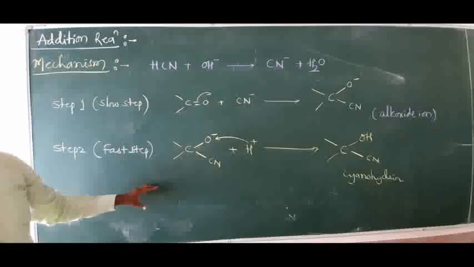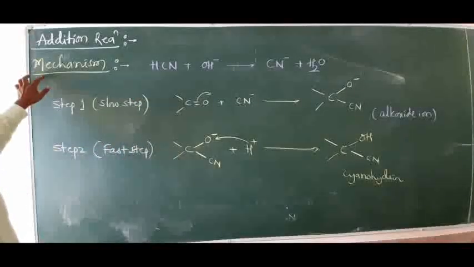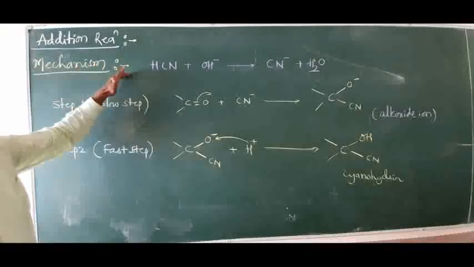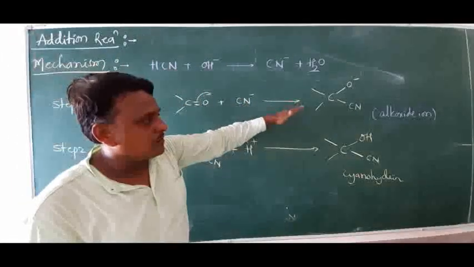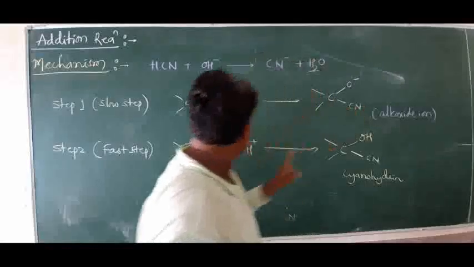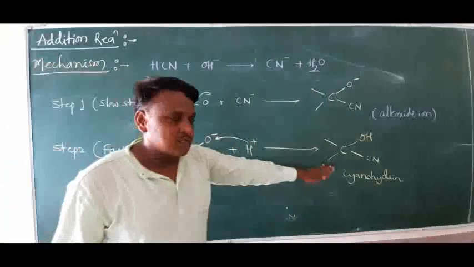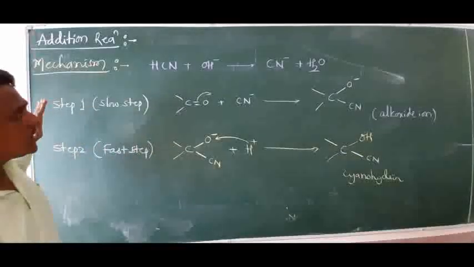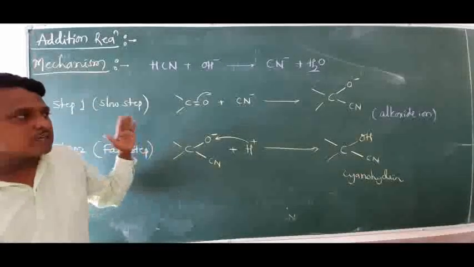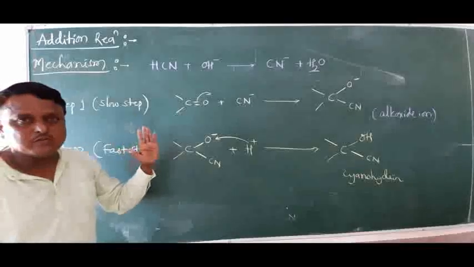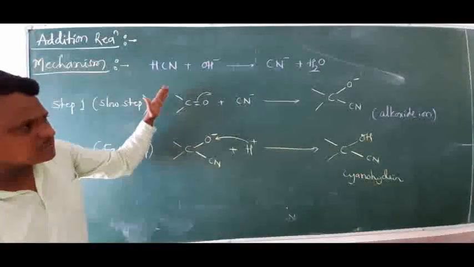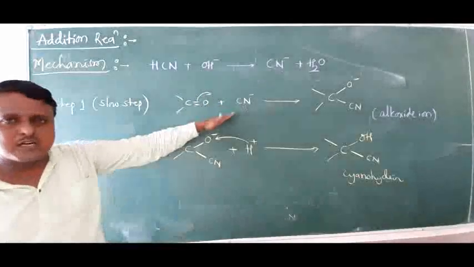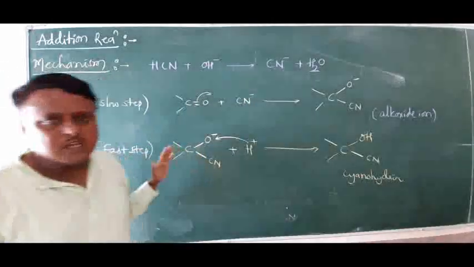It is a very simple mechanism. When an aldehyde or ketone carbonyl carbon undergoes addition with hydrogen cyanide, the first step gives the alkoxide ion and the second step gives the cyanohydrin. We continue this mechanism once again with a corresponding example in the next video. As you keep practicing, this much is enough for the examination, but examples of aldehydes or ketones we will discuss in the next video. Thank you.